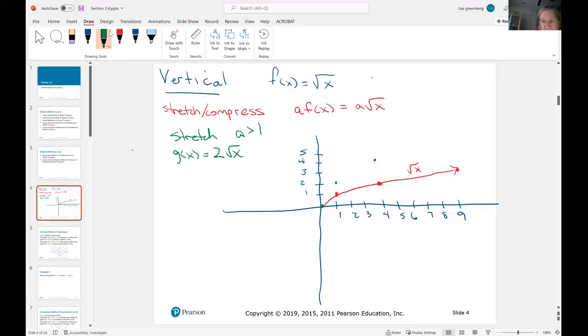And again, the point I have at 9 was 3, but we're multiplying it by 2. So now it's going to 6, which I didn't draw in. So let's say 6 is right here. So let's say this is my graph of 2 times the square root of x, right? And hopefully that makes sense, because what I've done is every time I evaluate the square root of x, now I'm multiplying by 2. So y is doubling, right? So that's why it looks like it's stretching vertically.